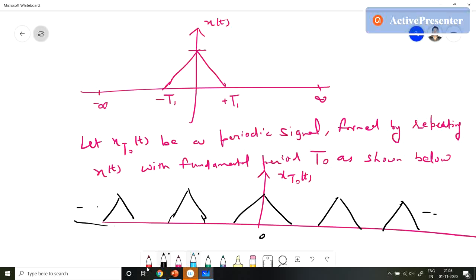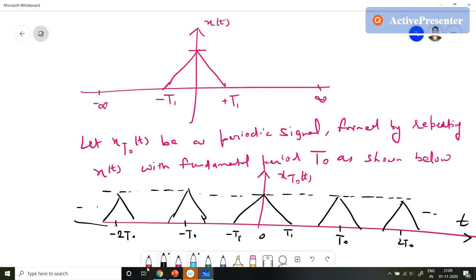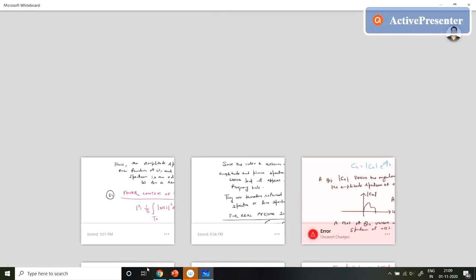Here we have minus T1 and T1, then T naught, 2T naught, then minus T naught, minus 2T naught. So this is the periodic signal.